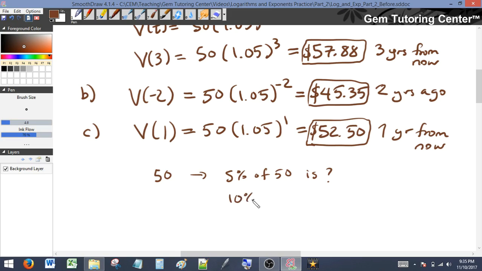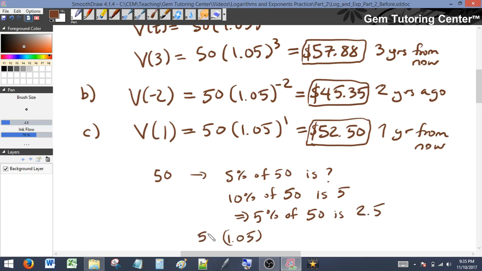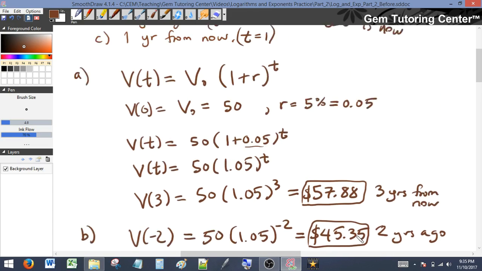Well, 10% of 50 is 5, right? You just divide 50 by 10. So 5% of 50 is half that, which is 2.5. So 1.05 times 50, which is v of 1, is equal to just 50 plus 2.5, which equals 52.5. Okay, so let's go to the next problem.